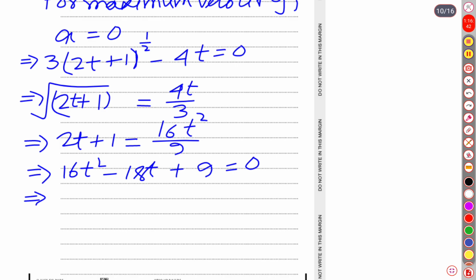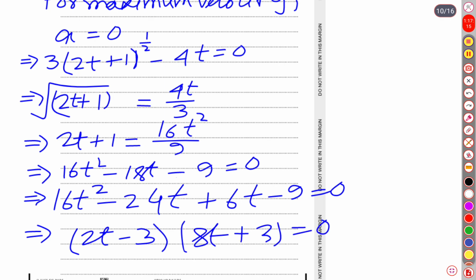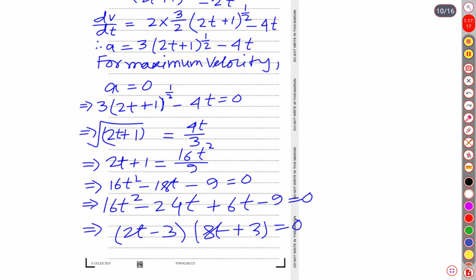So let us write a negative symbol here. It is going to be negative. So 24 minus 6 is 18, so 16t squared minus 24t plus 6t minus 9 is equal to 0. Now what is common here? 8t is common. If 8t is taken common, then there remains 2t minus 3, and another one is 8t plus 3, equal to 0.